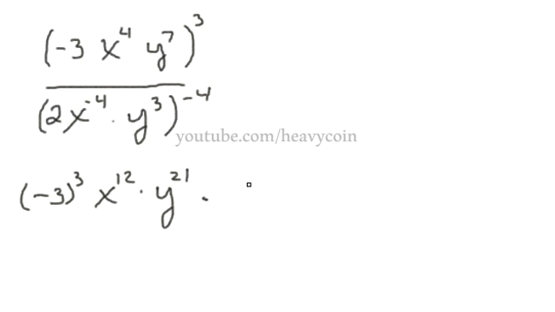And bringing this stuff up into the numerator, this is going to be 2x to the negative 4 times y to the third, and it's all raised to the positive 4 because we brought this whole thing up here.